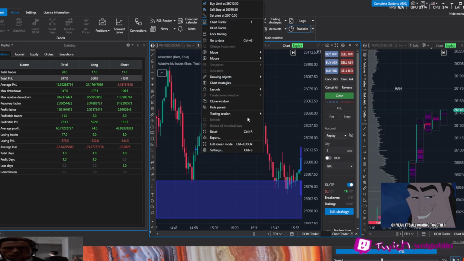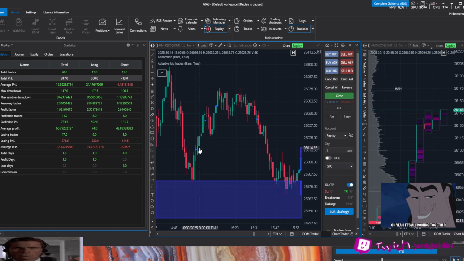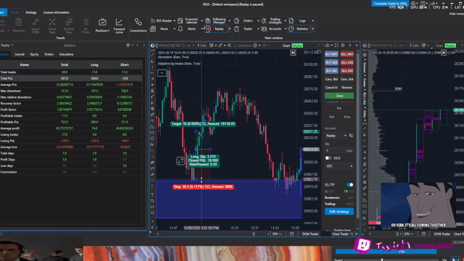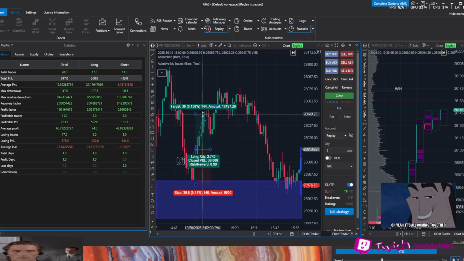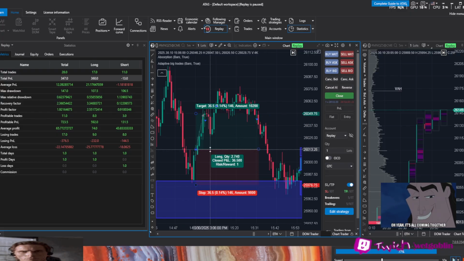I know they have this. Okay, hang on. 1 risk reward. So, 36 points. On a $2,000 account, 36 MNQ is $70 on a $2,000 account. So that's fine.